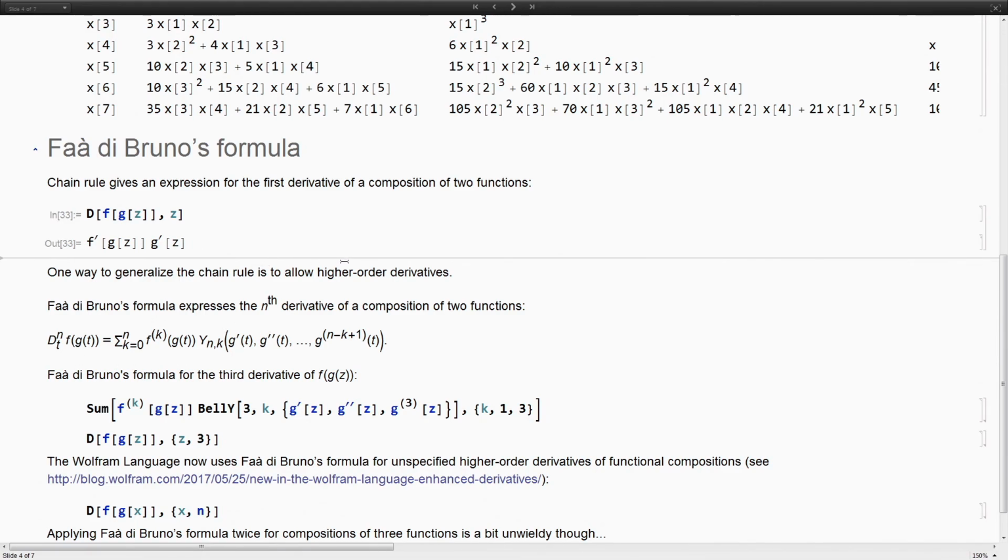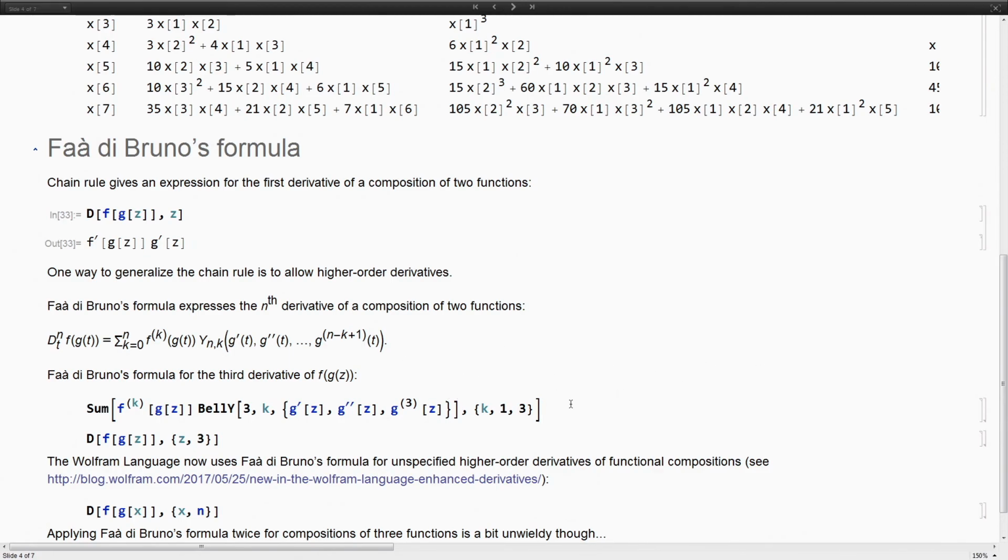If we allow higher order derivatives, this generalization of the chain rule is known as Faà di Bruno's formula. One way of expressing it is through a sum involving these partial Bell polynomials.